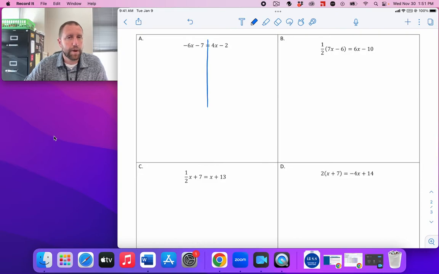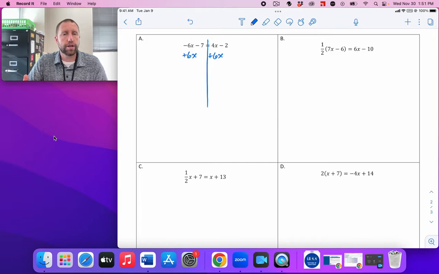I like to get rid of the smaller amount. So I've got a negative 6x on one side and a positive 4x on the other. The negative 6x is the smaller amount. I'm going to get rid of that. And to get rid of it, I do the opposite. It's a negative 6x, so I add 6x. Of course, to keep the equation balanced, I've got to do that to both sides. And there we go.